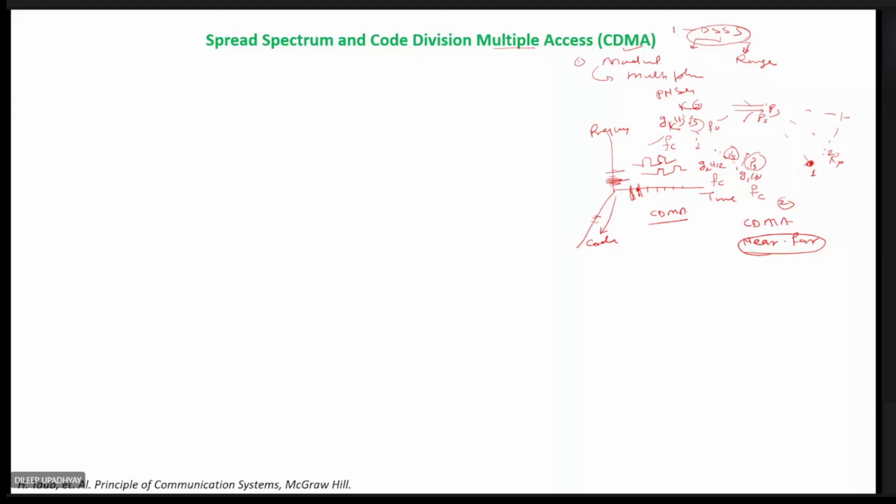What happens? Suppose transmitter 2 wants to transmit signals to receiver 2. Since receiver 2 is far from transmitter 2, and receiver 1 is closer to transmitter 2, the power received by receiver 1 will be more, because the transmitter is transmitting with the same power P_S. The receiver which is far from this transmitter will receive less power as compared to the receiver which is nearer to it.